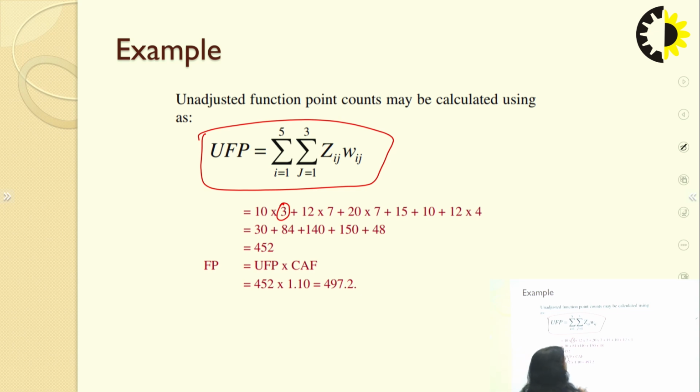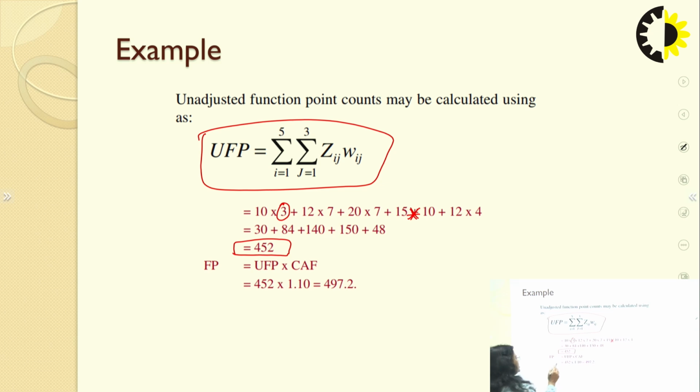Here it is multiplication. So 30 plus 84 plus 140 plus 150 plus 48 gives 452. FP is equal to UFP into CF, so the unadjusted function point comes to 452.